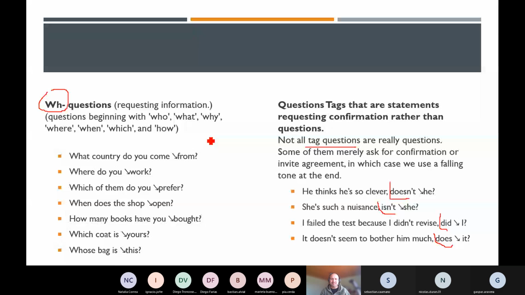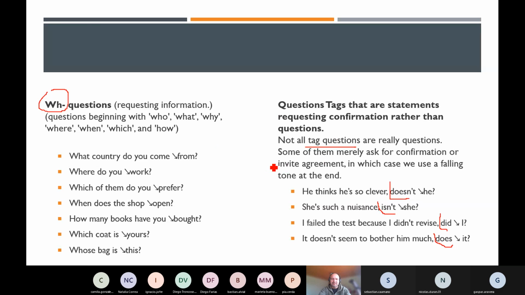It doesn't seem to bother him much, does it? So follow intonation. Basically, you could ask for confirmation from the other speaker, but you're not actually asking the other person's opinion. It changes if you use a rising intonation for the tag question.